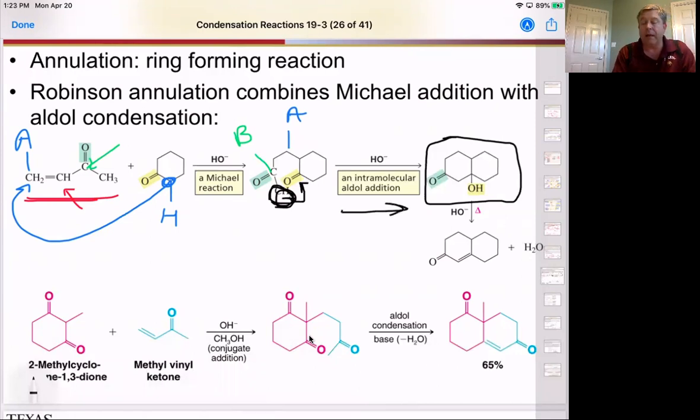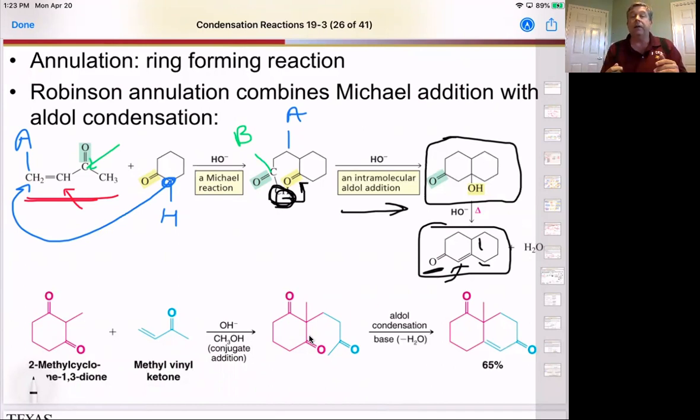Once we form that alcohol, we can then dehydrate it with heat to give our double bond. Now, it could form with a double bond here in the middle or over here, but it always forms in conjugation with the ketone because of stabilization, and therefore we get what we call a Robinson annulation. The first step is the Michael addition followed by the aldol condensation, yielding an alpha-beta unsaturated ketone.